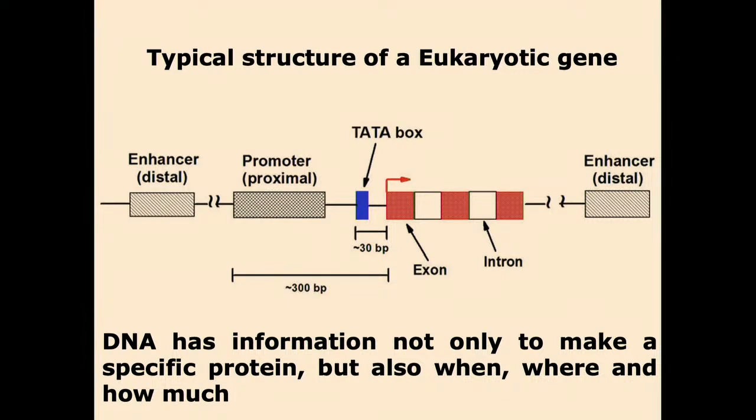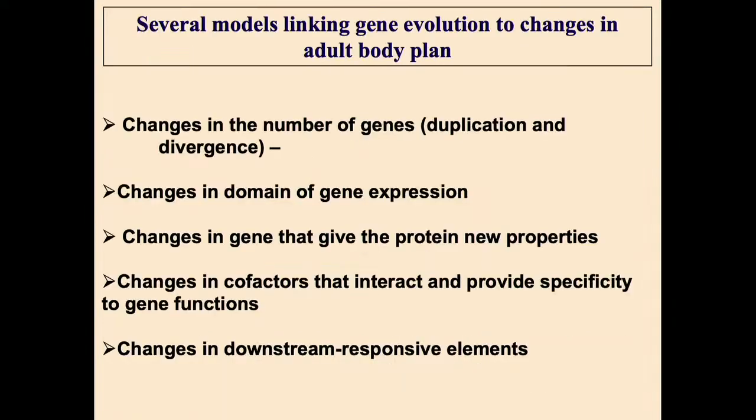I also mentioned what a typical eukaryotic gene structure is and how very different features of a gene are involved in ensuring that the coded information is expressed in a specific location, at a specific time, and in specific quantities, right?